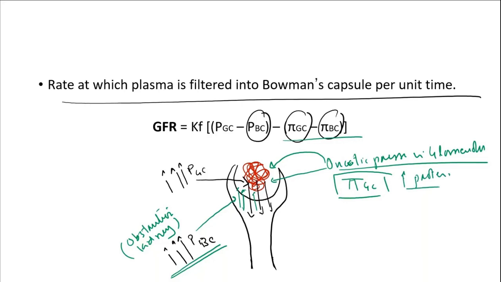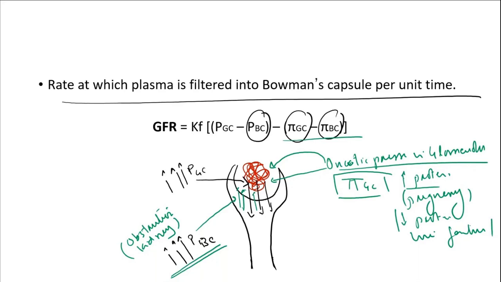So if oncotic pressure in the glomerulus is high, there is a lot of protein in the blood, for example in pregnancy. It opposes filtration because protein will pull everything towards it. And if the protein is low, for example in liver failure, there will be more filtration. So high protein, low protein, I gave you both examples.